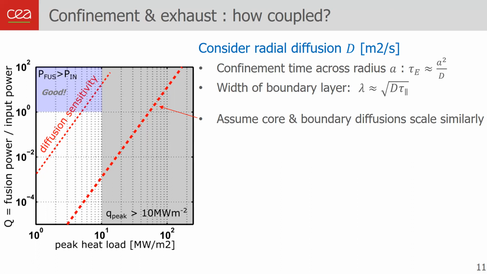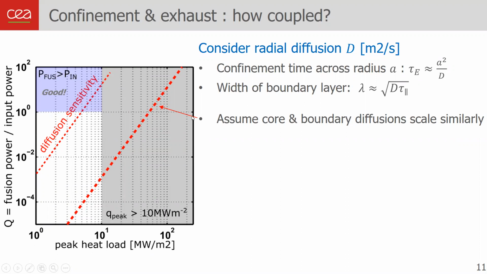Okay, so assume they can scale, so D at the edge and in the core can scale with the same sensitivity. So if you do this sensitivity scan, you create this relation between the fusion power divided by input power, so fusion efficiency, you have to be above 1 to get a reactor working, and the peak heat load, which is also an important engineering limit for your reactor, which has to be lower than 10 megawatt per square meter.